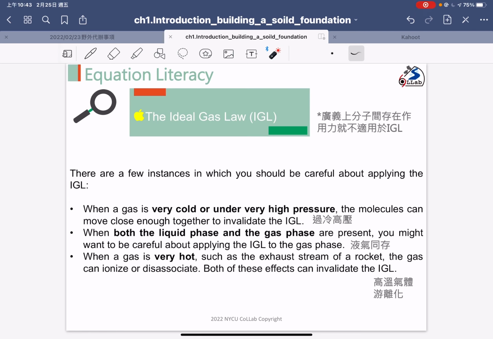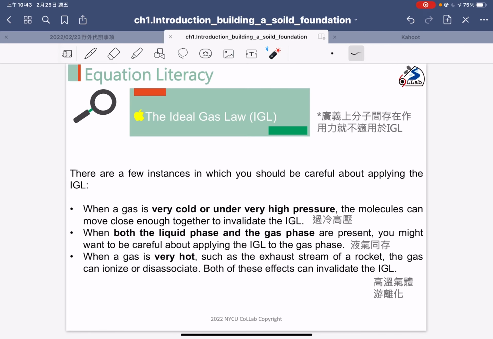The reason we can figure out is because if they are very cold and have the compression force, the compression force will let the two particles become close. If the two particles are close, there should be some interaction force. So under the high pressure conditions, we can't apply the ideal gas law.